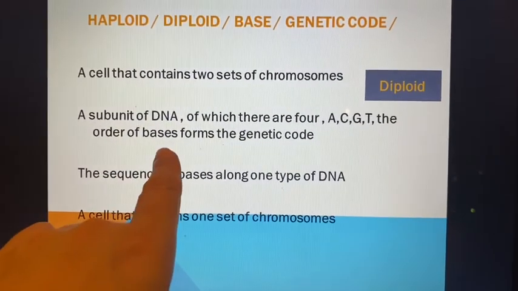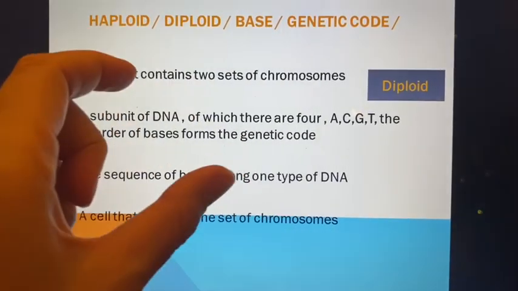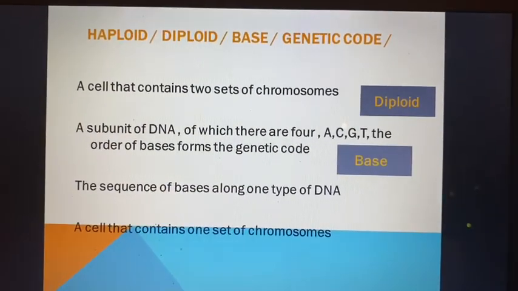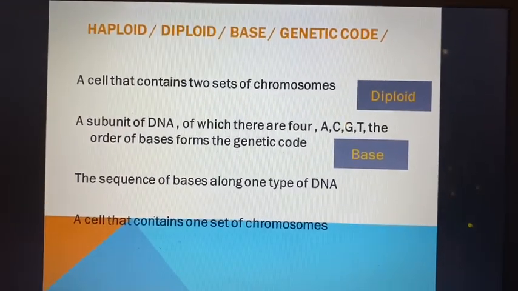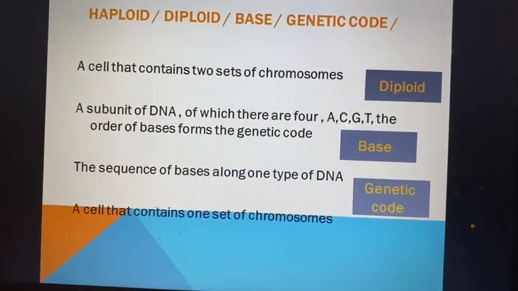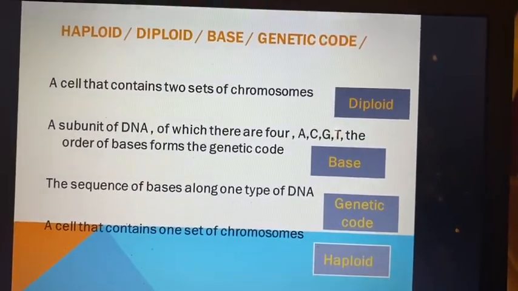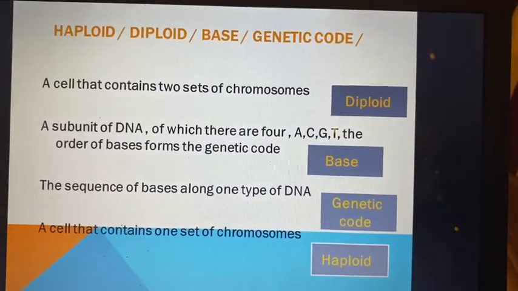The order of bases forms the genetic code. What is this subunit? The base. The sequence of bases along the type of DNA, this is the genetic code. And a cell that contains one set of chromosomes, this is a haploid number of chromosomes.